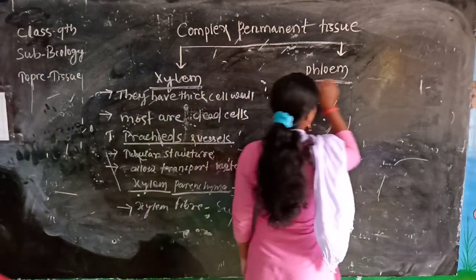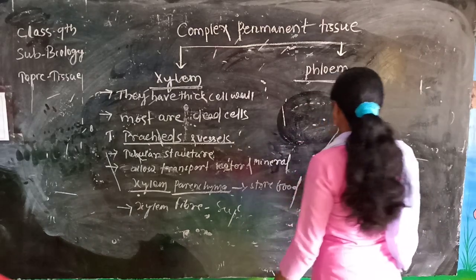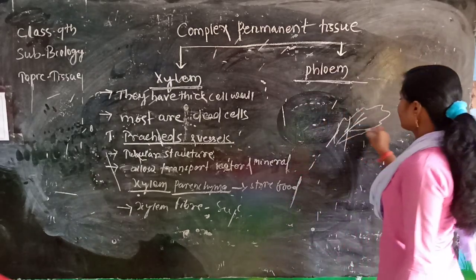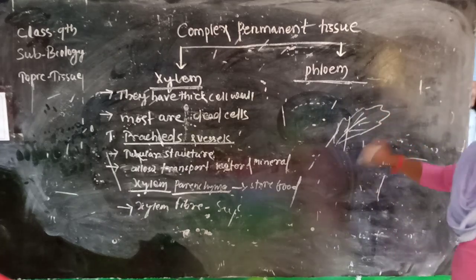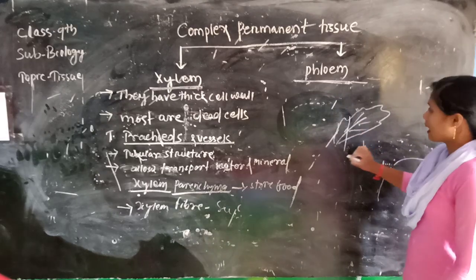Next we see the phloem. It is also one type of conducting tissue. It conducts prepared food. We already know that food is prepared in leaves, and it is transported to different parts of the plants.